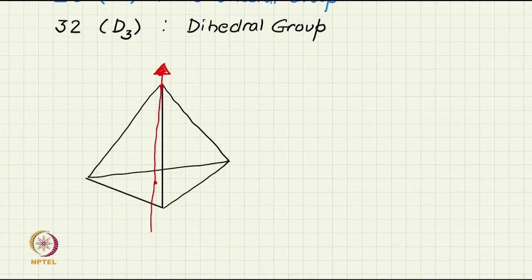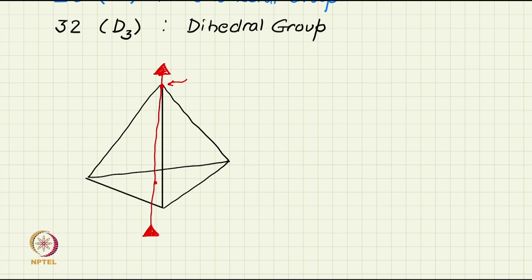The base is an equilateral triangle, which tells you about threefold symmetry, and at the apex, at the vertex, 3 equilateral triangles are meeting.